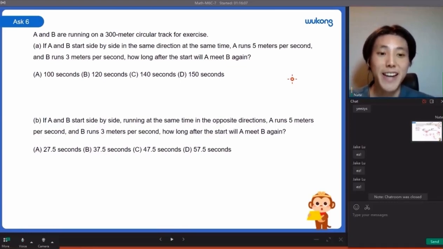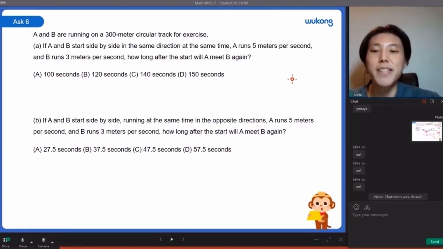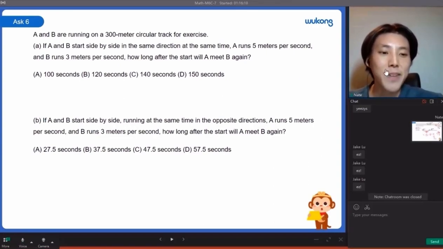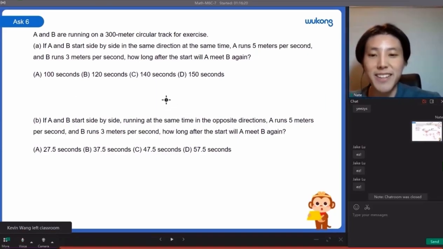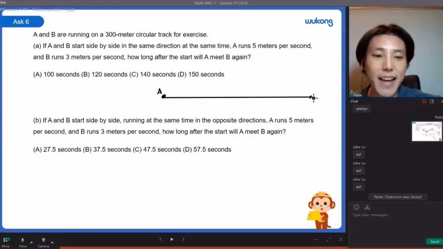So the catch-up distance is a loop of 300 meters. So you guys have to just assume this is a straight line, and it's going to be exactly the same. Remember the encounter question? If this is A and that's B, that's going to be 300.